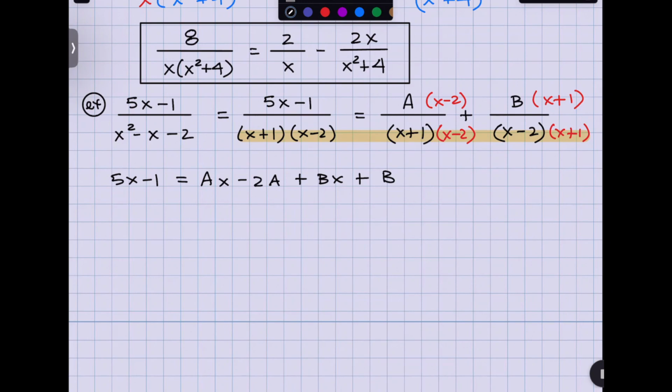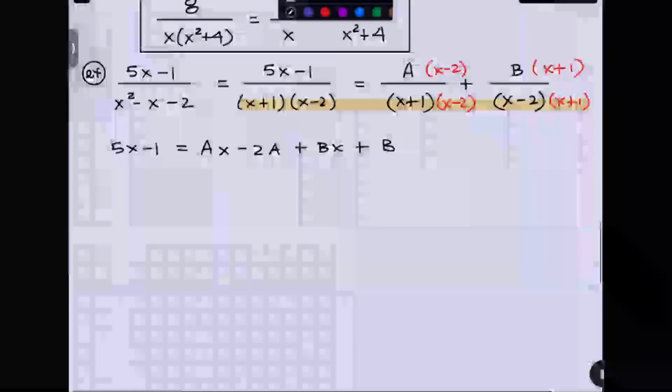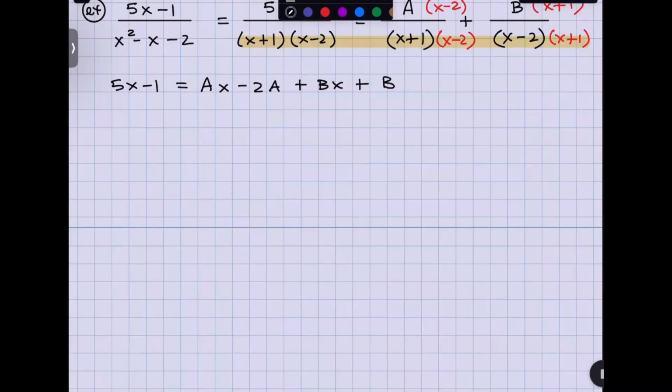What are the 2 equations I can write from here? Five x is equal to what? So a plus b quantity times x. Is that right? And negative 1 is equal to?